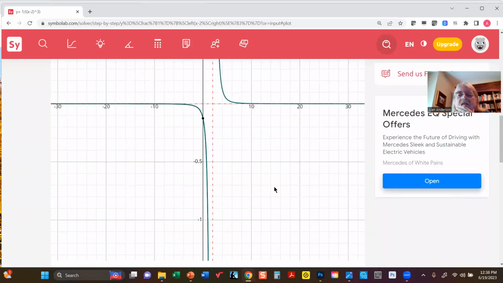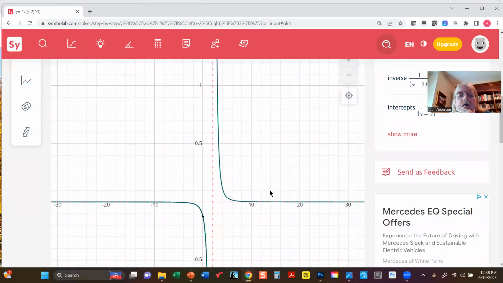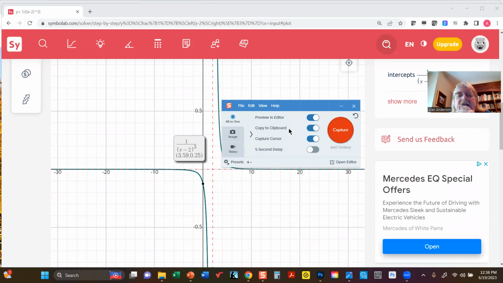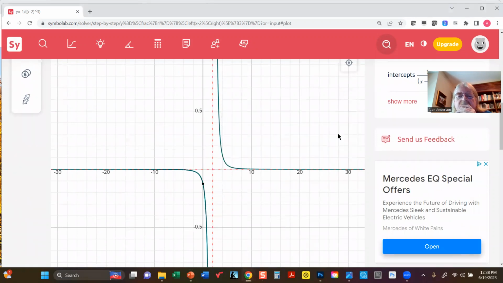Ooh, this is different, isn't it? What do you notice? Actually, let me grab this picture of it. So that vertical dashed line is the asymptote.